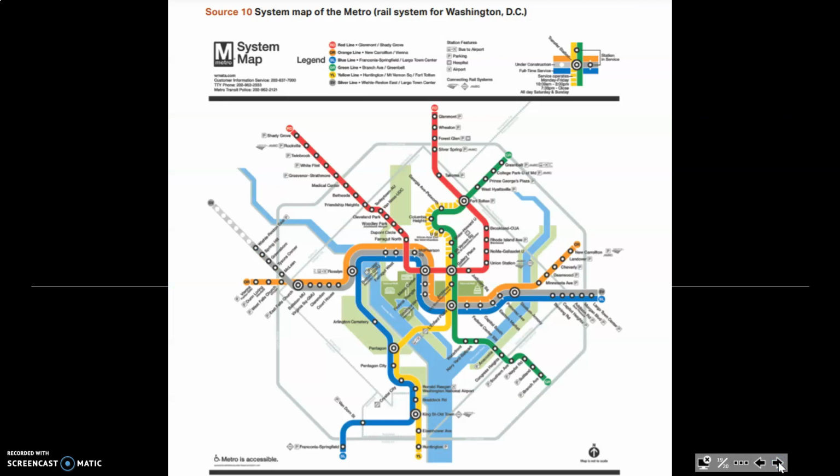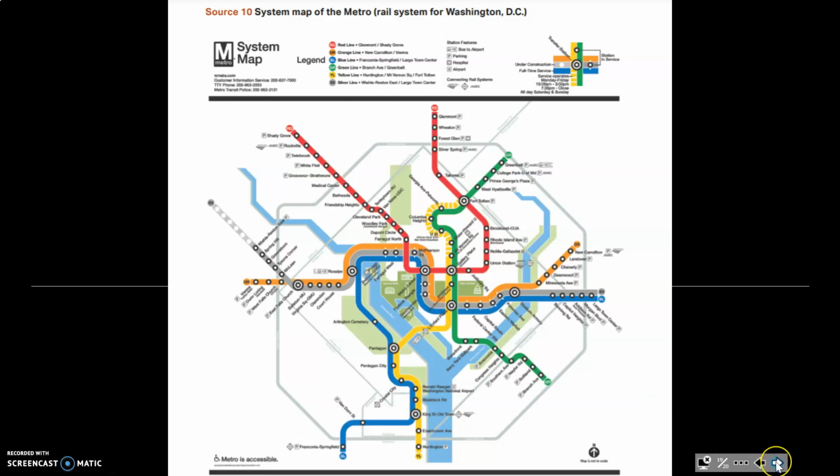And so in class, we're going to be looking at two sources and looking at how maps can exclude or distort information depending on their purpose. So the first map is of the subway system in Washington, D.C. And so we're going to look at that and look at what information is being emphasized, what other information is on there that might be helpful.